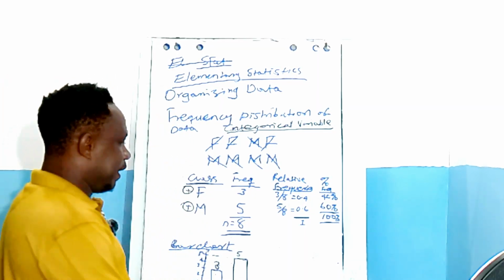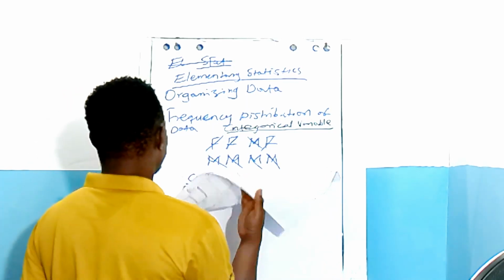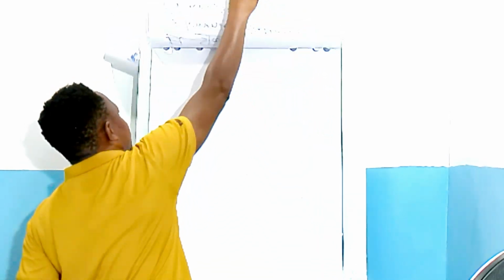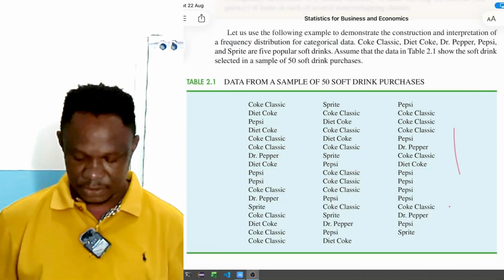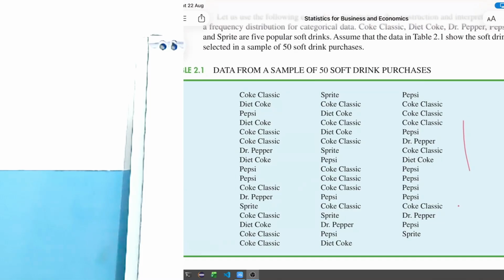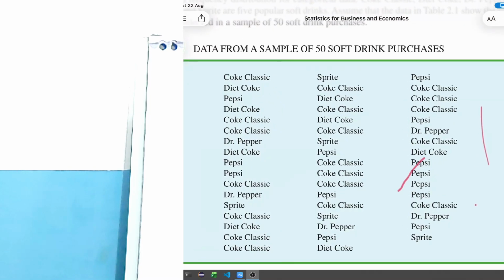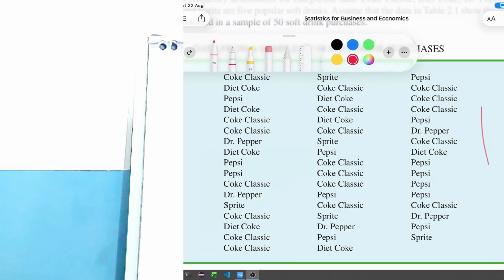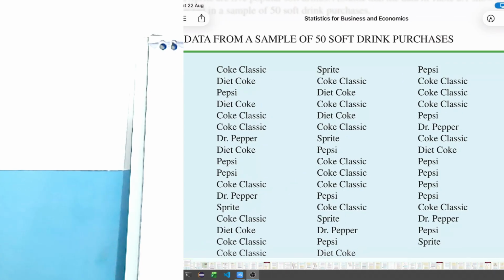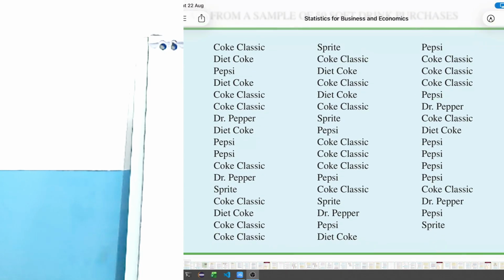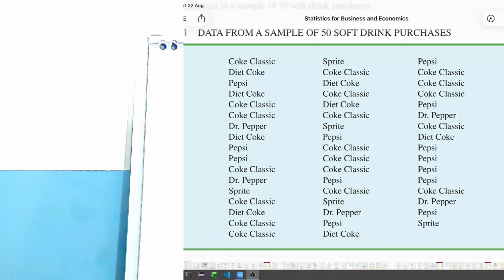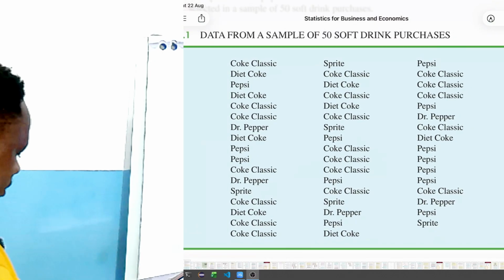So we now go on to take a specific example here. If you look on your screen, you will see this sample data collected on the distribution of soft drinks.